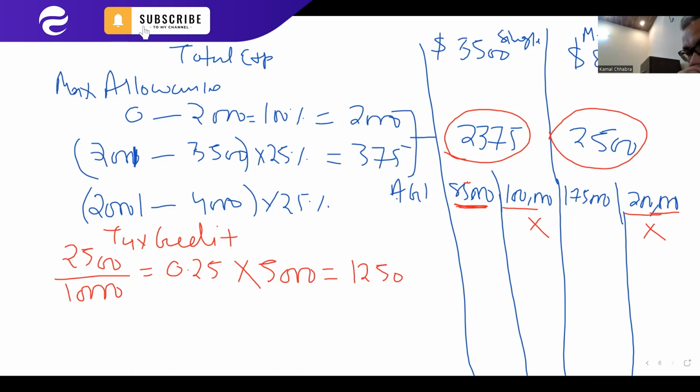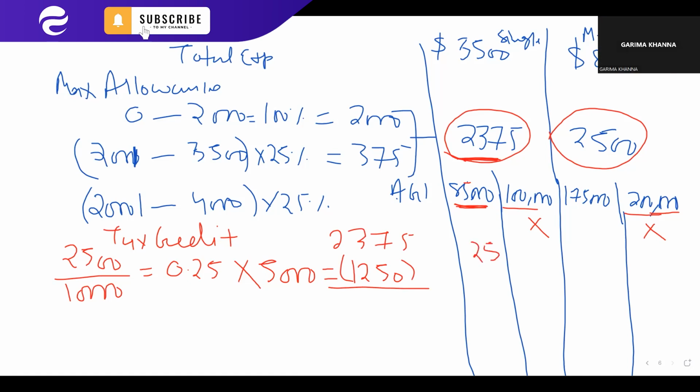So here the eligibility was 2375 minus 1250. How much is the remaining balance? 1125. So this much has been allowed here, right?